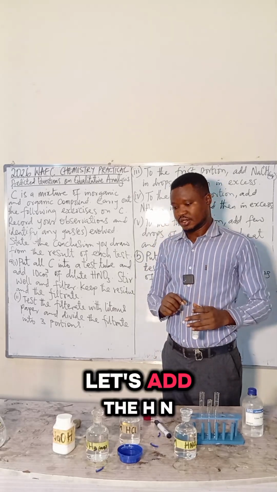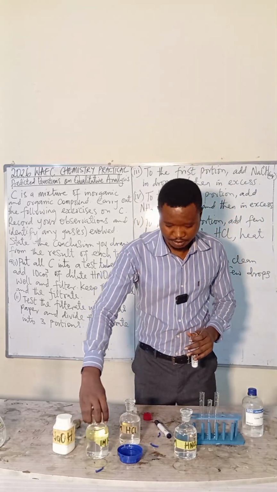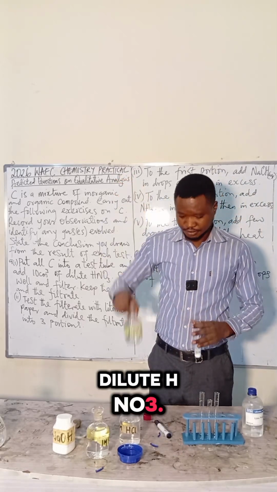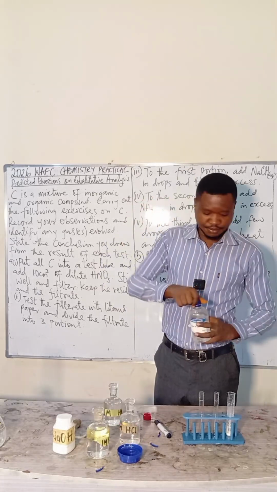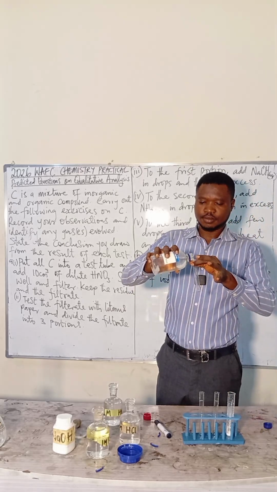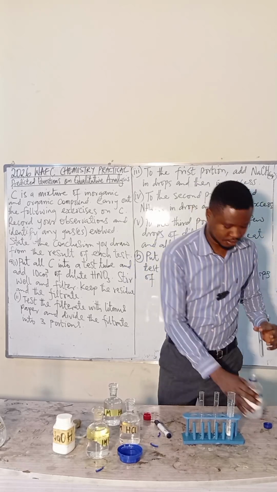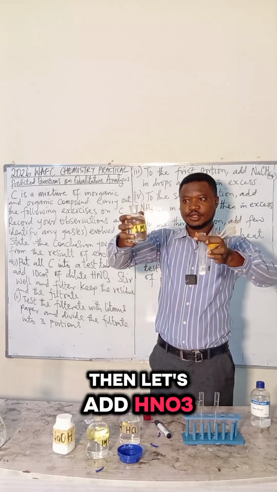Let's add the HNO3. Dilute HNO3. This is our lime water. Then let's add the HNO3 to it.